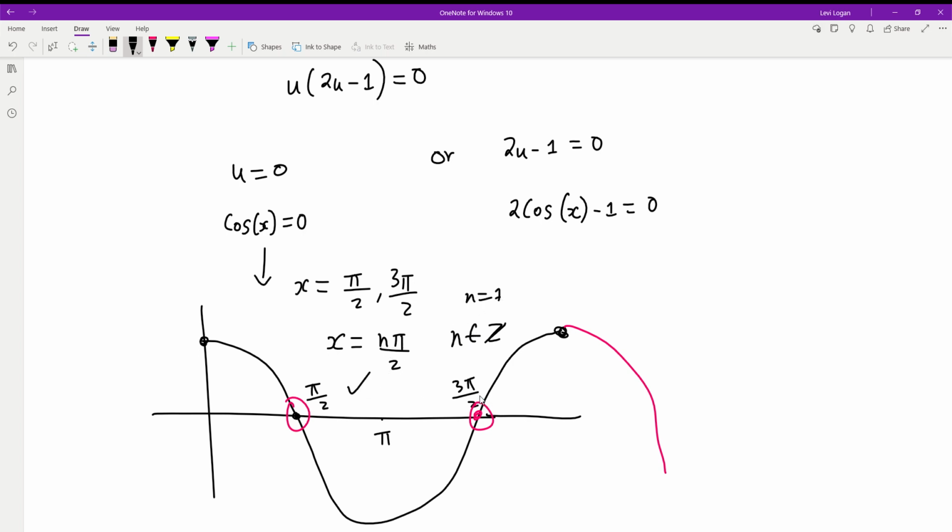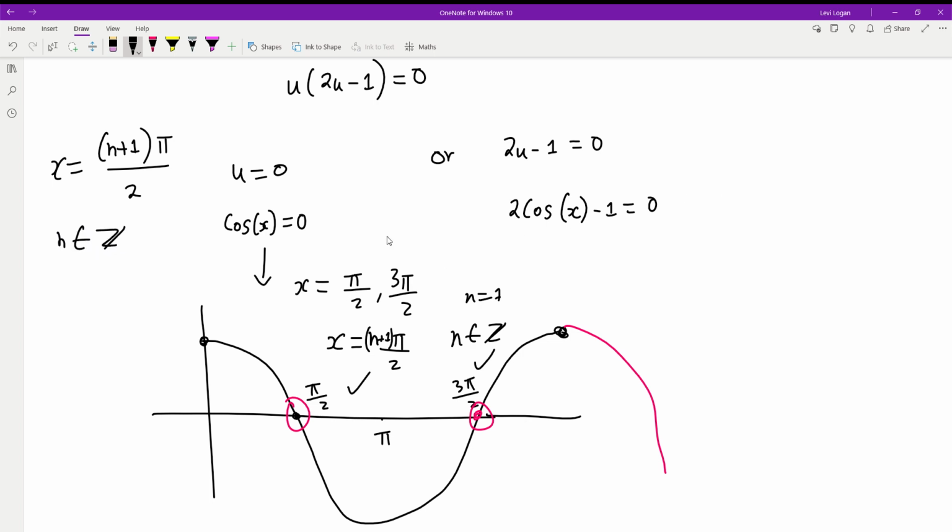It'll be every odd term, so it'll be n plus 1, sorry. So n plus 1. So if you put in n equals 2, it'll give you that one, etc., etc. Okay. So the first answer will be x is equal to (n plus 1) pi on 2, where n belongs to any discrete integer. Okay.